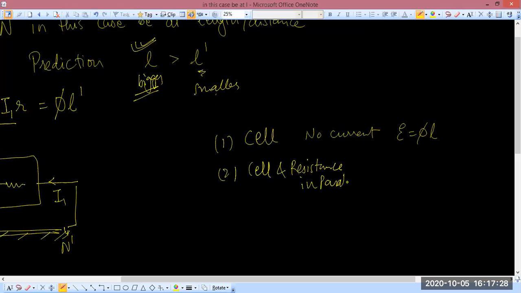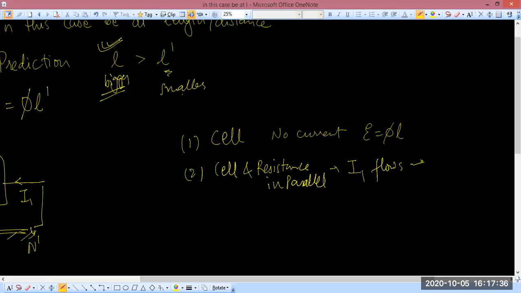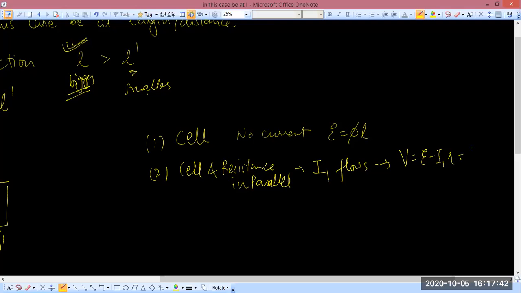Current will flow. I1 will flow. Now if I1 is flowing, then you are measuring the terminal voltage, which is epsilon minus I1R, and that is equal to phi L dash. This is everything in the method so far, right?